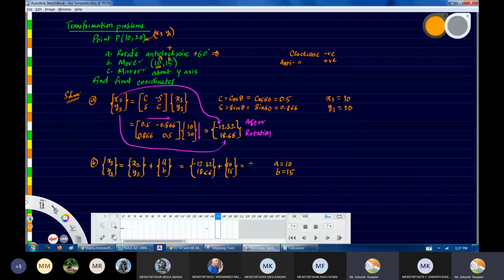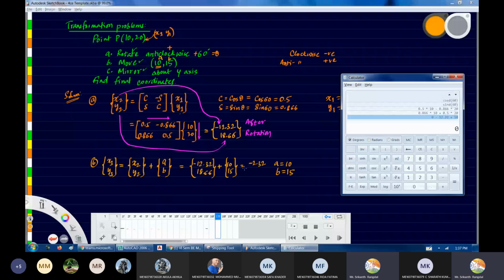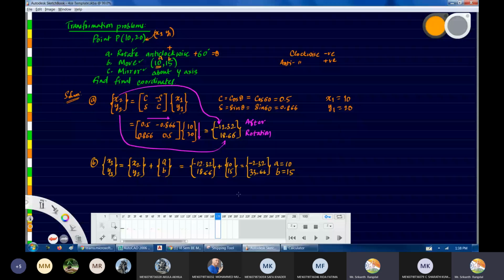And then 18.66 plus 15, 33.66. Very good. Right, 33.66. So these are the coordinates after what? After moving. Correct.